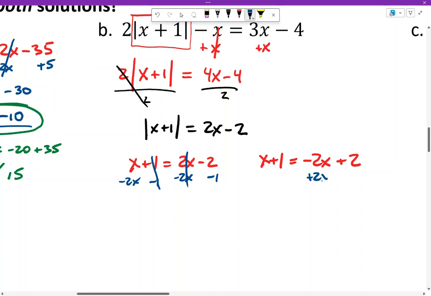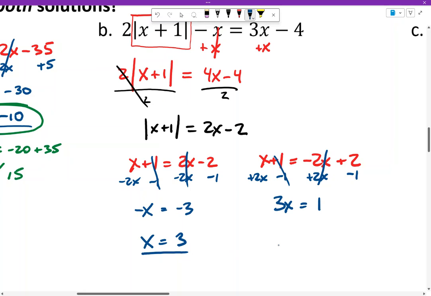And here we'll add 2x and subtract 1. Okay, so negative x equals negative 3, which means x equals 3. We get 3x equals 1, so x equals 1/3. Not the best outcome, but we'll see what happens.